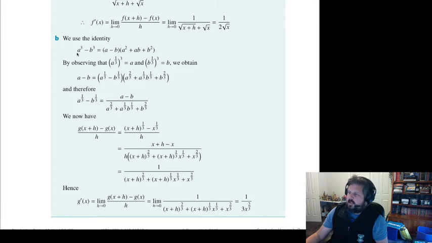So what they're saying is, consider from previously, we know the identity a cubed take away b cubed is the same as this here. And they're saying, also remember, if you've got a to the power of a third and that is to the power of 3, that just becomes a. And likewise here. So to get rid of these cubes, what you can essentially do is raise these to a third.